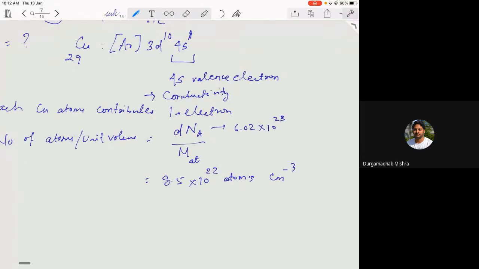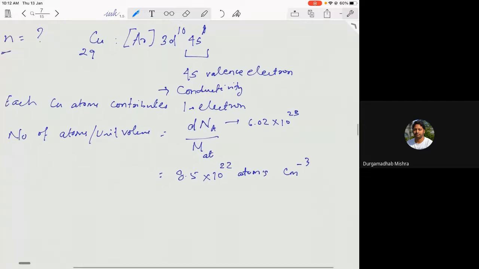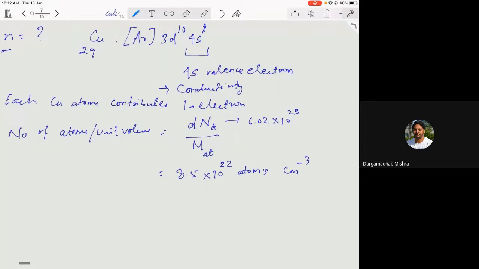So this is the total number of atoms, and how many conduction electrons will there be? Assuming that each atom contributes one electron, it will be the same, 8.5 into 10 to the power 22 electrons per centimeter cube.